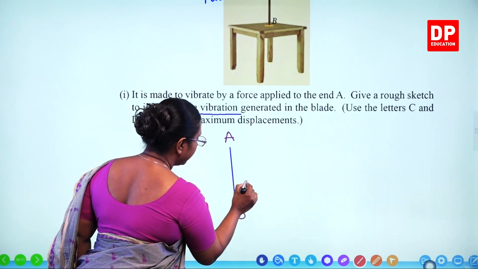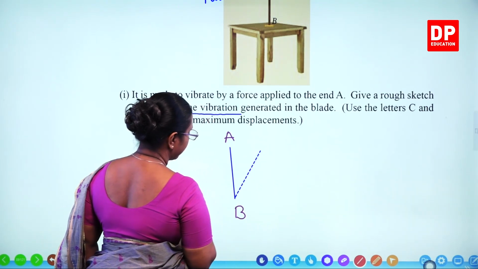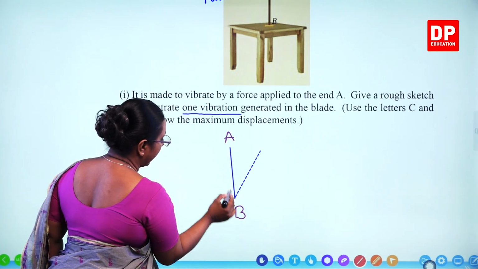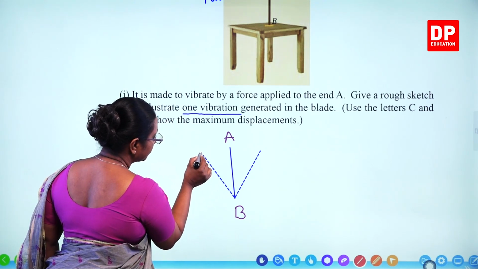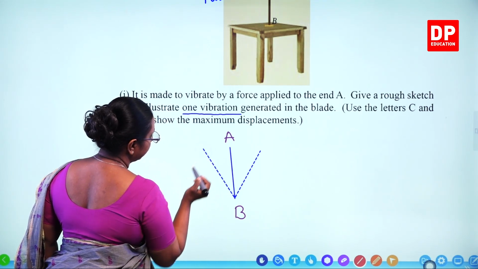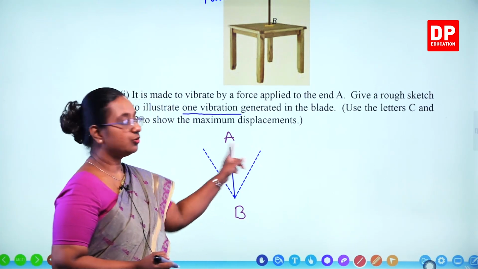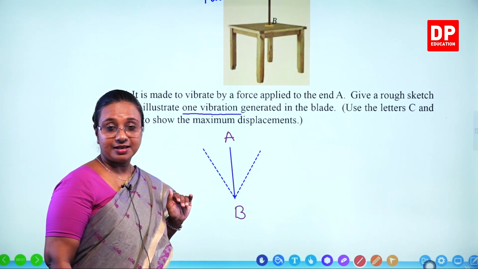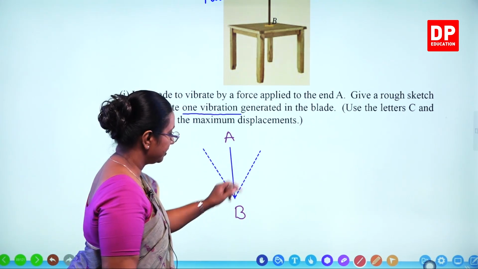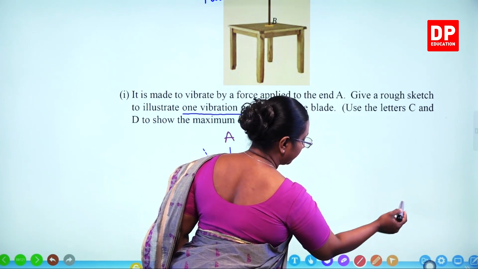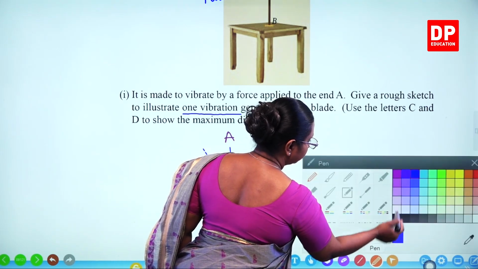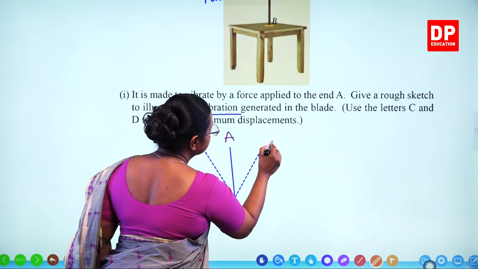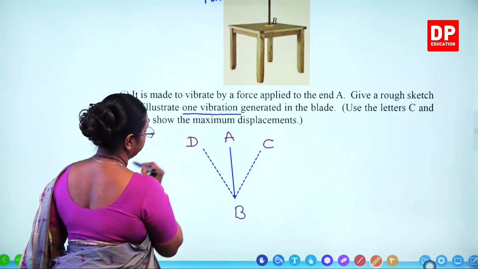So initially, it will go to a point somewhere here from A to C and then back to A, and finally, it will come to a point D. These two should be equal. So it's almost equal. I didn't take a measurement, but you can see these are almost the same value. So here from A, they have told us to mark C and D.